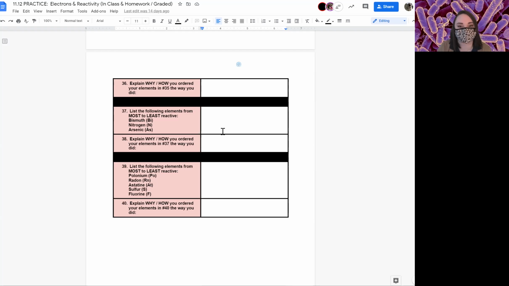Very good. So Kush said nitrogen is the most reactive, then arsenic, and then bismuth, which is correct.